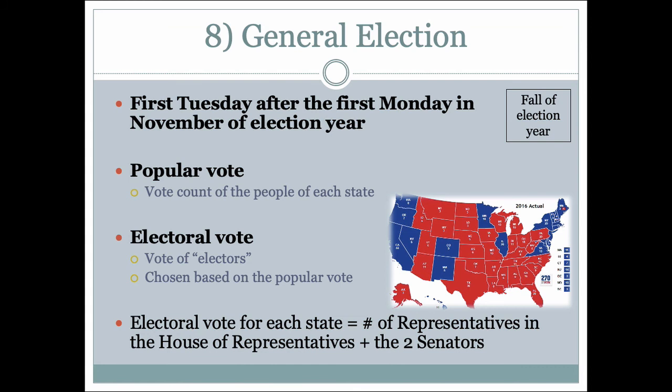And vice versa. If 50% plus one person votes for the Republican candidate in that state, that candidate gets all the electoral votes from that state. And so the popular vote does matter on a state-by-state basis, but truly we are looking at the electoral votes and the electoral college vote to determine who wins the overall presidency.